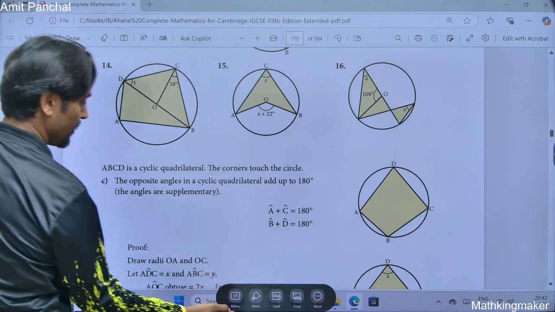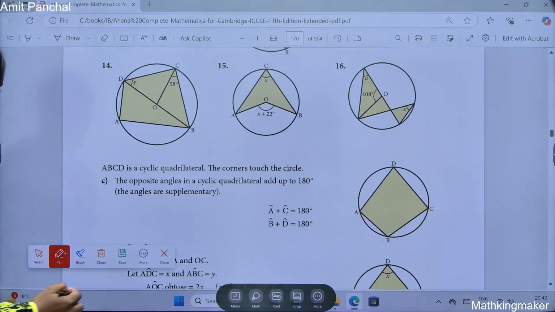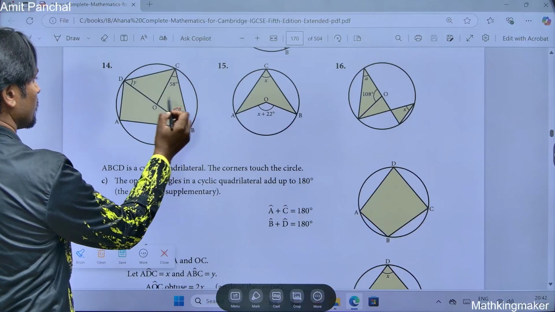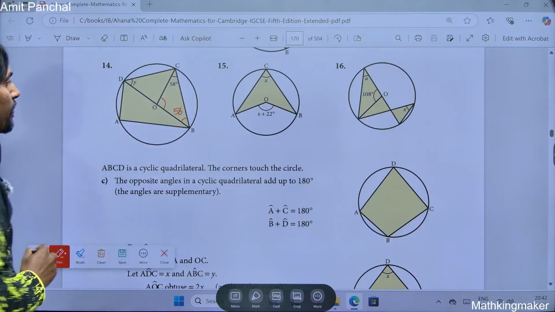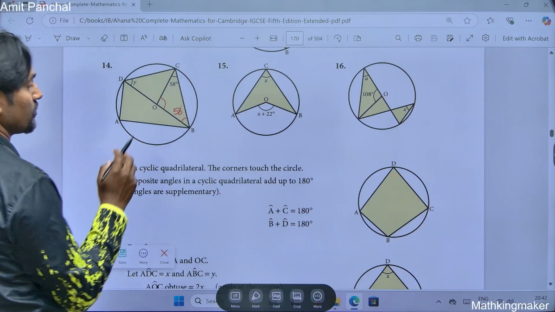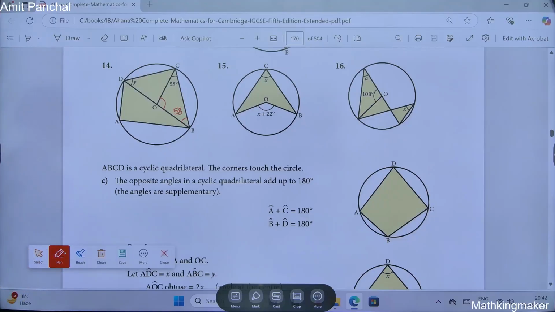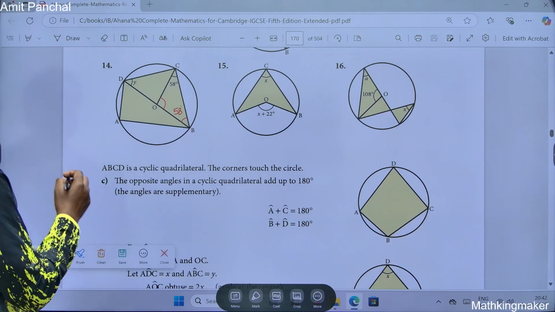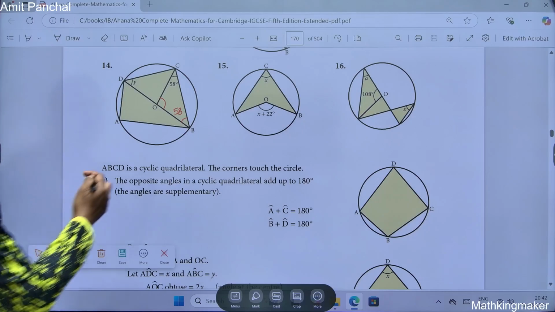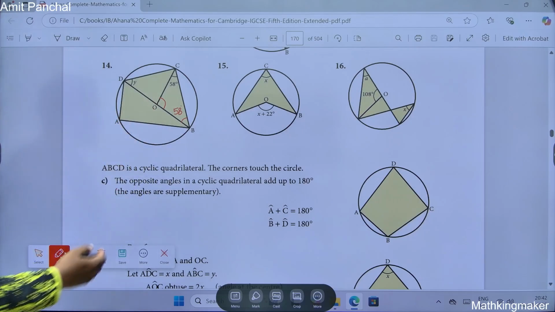If this is 58, that will also be 58. How much is this one? 64? Yes, 58 plus 58. 64, because it is not looking like 60.